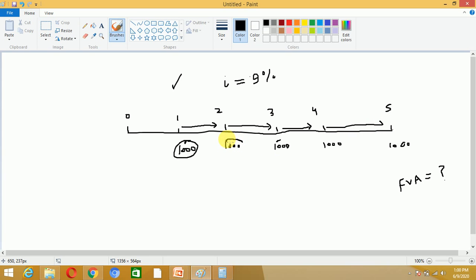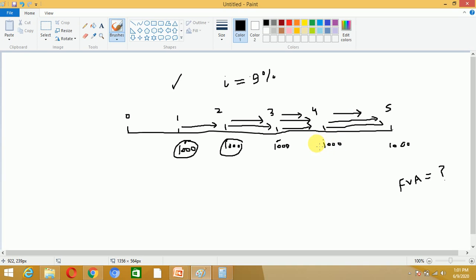On this deposit of $1,000, you will receive interest 1 time, 2 times, and 3 times. On this $1,000 you will receive interest 1 time and 2 times.